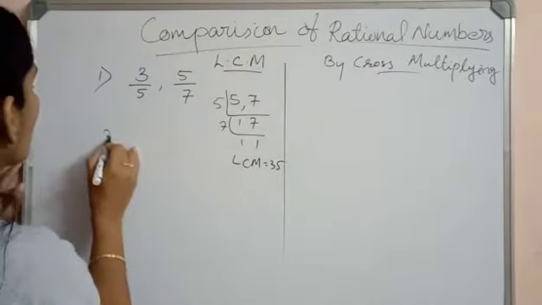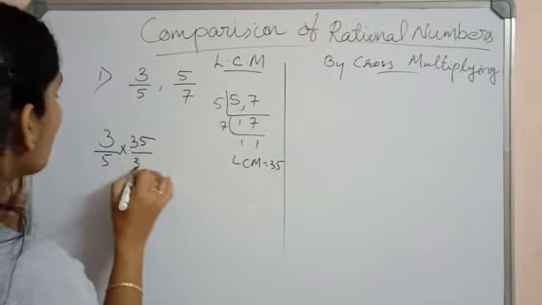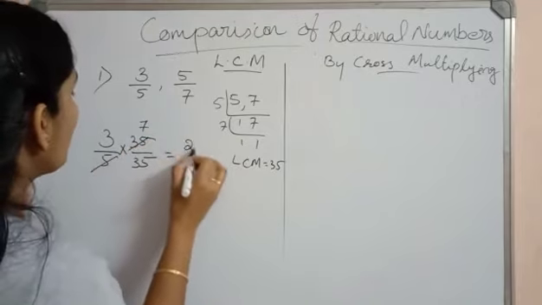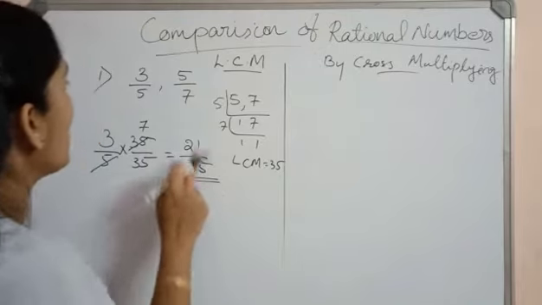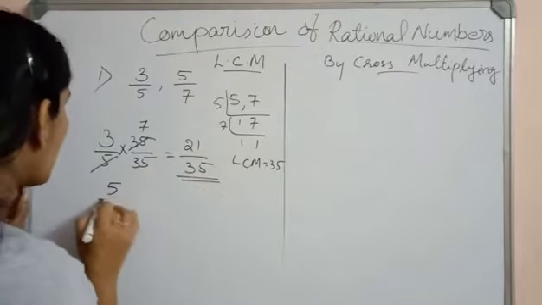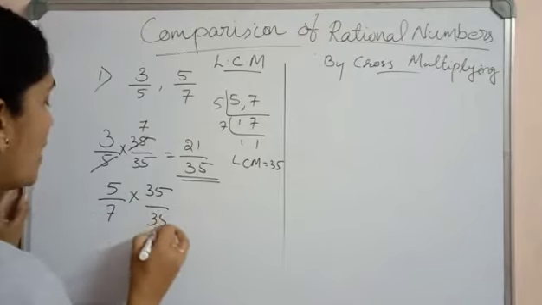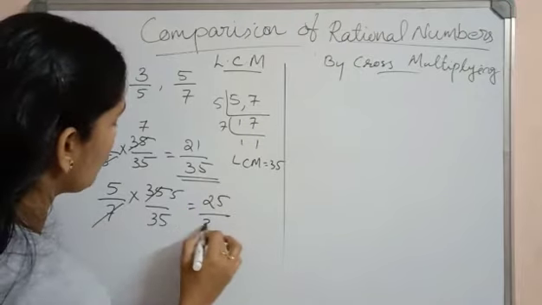The first one will be 3 by 5 into 35 by 35, and that is equal to 21 by 35. And the next number is 5 by 7 into 35 by 35, and that is equal to 25 by 35.